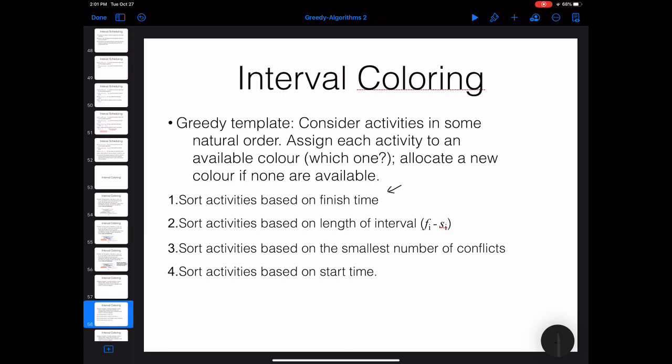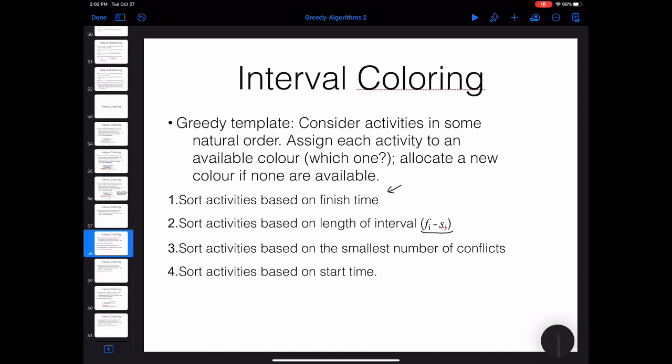The next strategy is to sort the activities based on the length of the intervals, from shortest to longest. The third one is to sort the activities based on the smallest number of conflicts, so based on the number of conflicts in increasing order. And the last one is to sort the activities based on the start time.